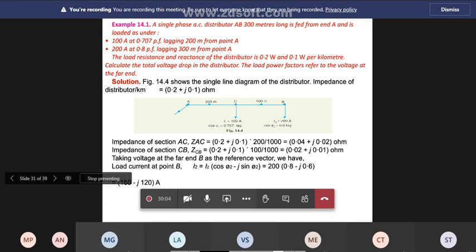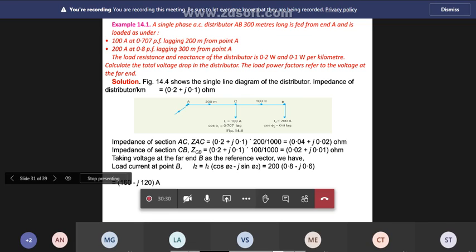Now first, the resistance and reactance of the distributor is 0.2 plus j 0.1 ohm, but it is 0.2 and 0.1 ohm per kilometer.